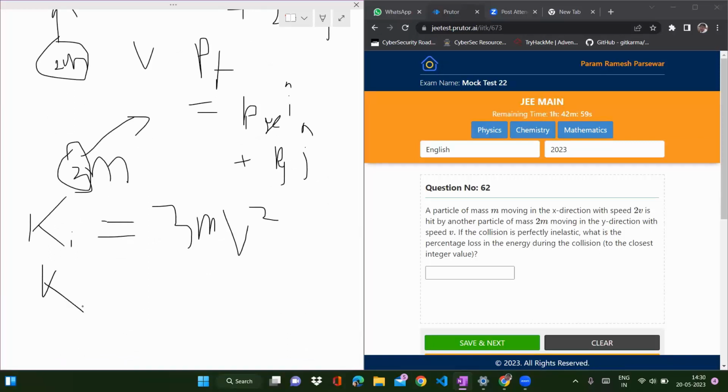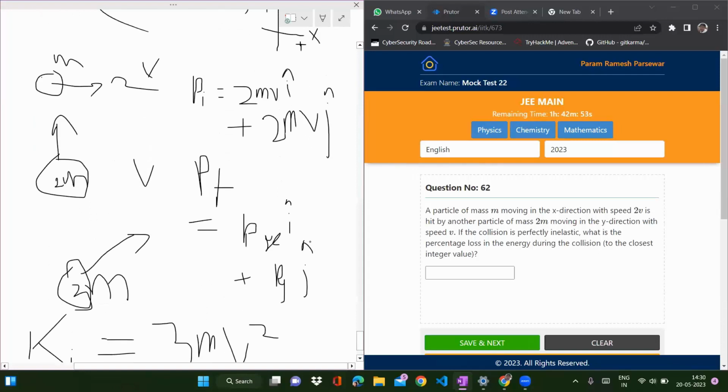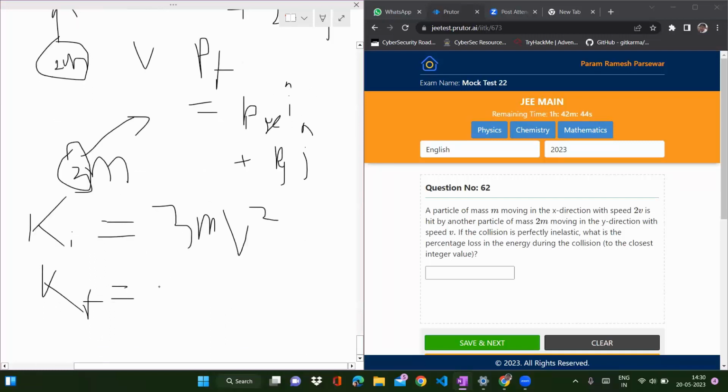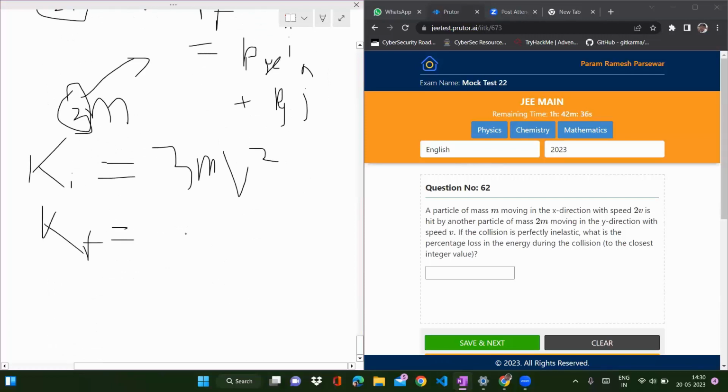Now K final. For K final, we can use the formula of kinetic energy, which is P square by 2m. So the total kinetic energy will be Px square plus Py square by 2 times mass, which will be the net momentum square.